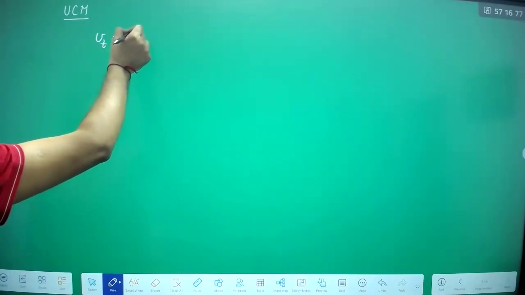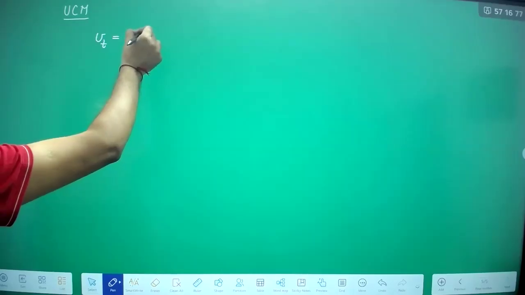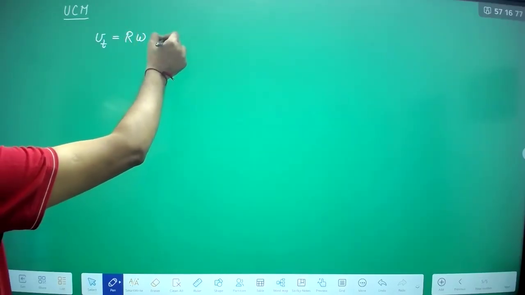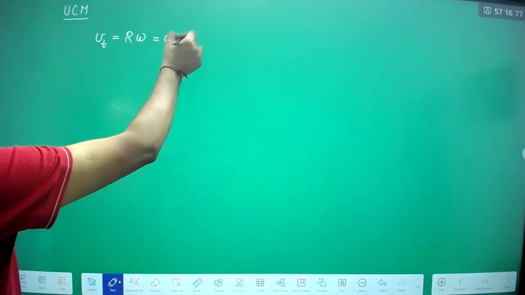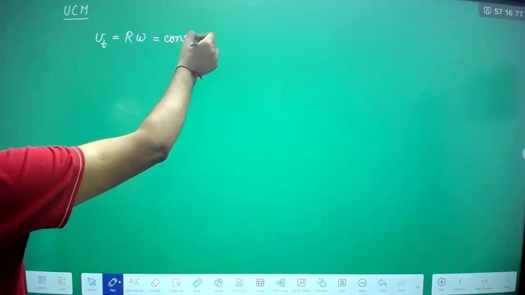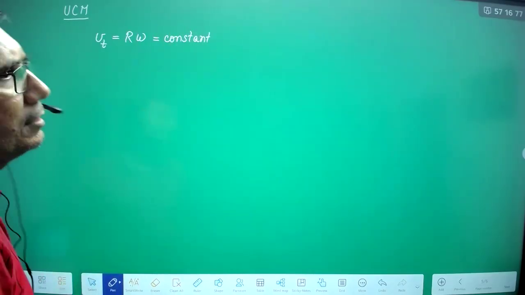Now, in case of uniform circular motion, we have Vt, that is R omega, and that is constant. Why is it constant?